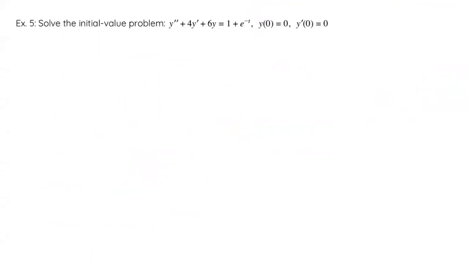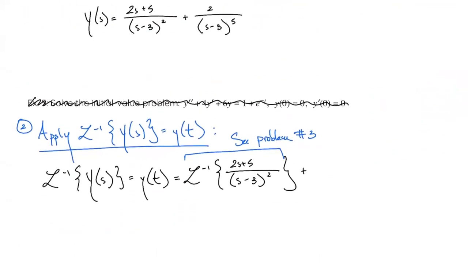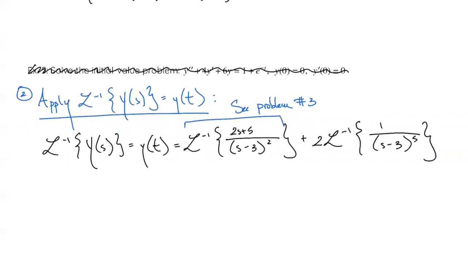Okay. Whoops, but we do need to find the inverse Laplace of the second term. So let's bring a 2 out to the front, inverse Laplace of 1 over s minus 3 to the 5th. Right. All right. So while I write down what we had from number 3 for the first two, I would like you to start looking at the table and think about what you need to maybe manipulate to help find the inverse Laplace of that second fraction.